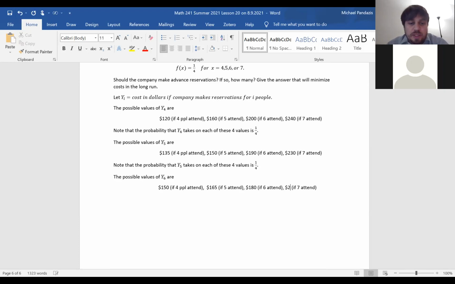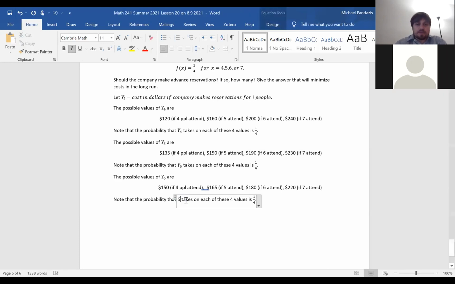So now it's $220. Another 40 on top of that for that value. Okay, and the probability that y sub 6 takes on each of these 4 values is 1/4.